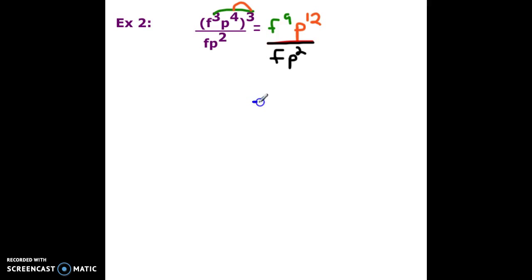Now I need to simplify. Remember, anytime you don't have an exponent shown, your exponent is automatically 1. So for my f's, 9 minus 1, we'll end up with f to the 8th. For the p's, I've got 12 minus 2 for those exponents. Well, 12 minus 2 is 10, so that's f to the 8th, p to the 10th.